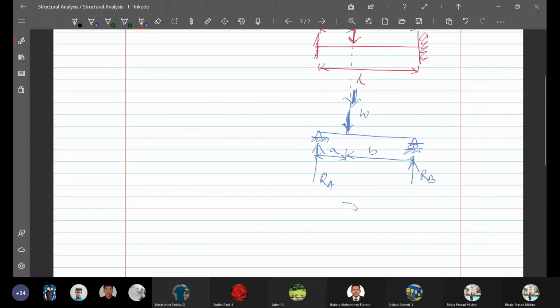Another one will again be a simply supported one with the fixed moments MA and MB. I think this is R and this is R.